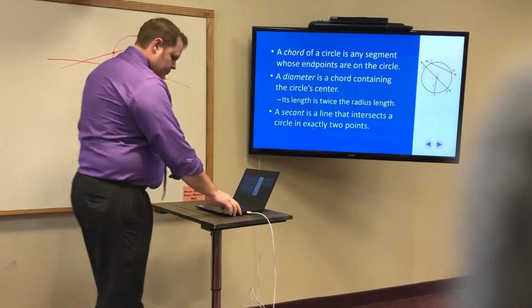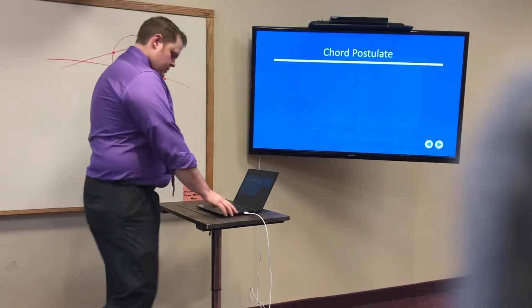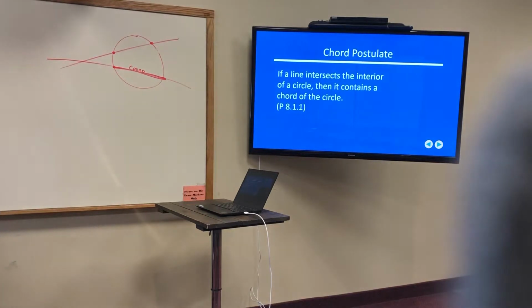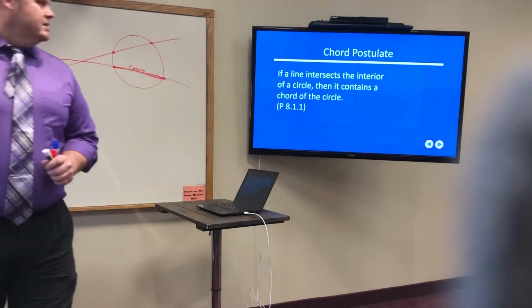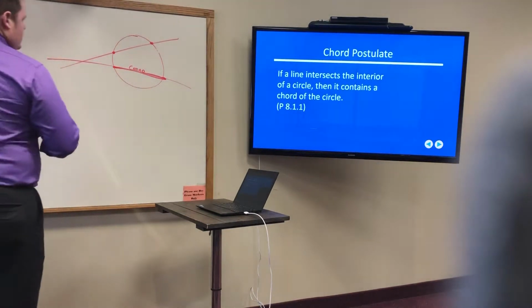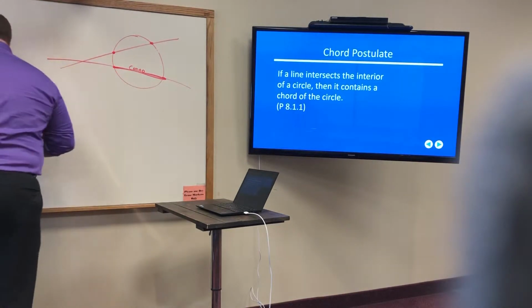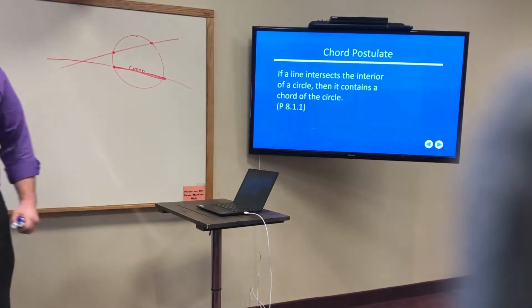All right, so our first postulate from this section is postulate 8.11. If a line intersects the interior of a circle, then it contains a chord of the circle. So if a line intersects the interior, so if it goes through the middle, how many times is it going to touch the edge of the circle?